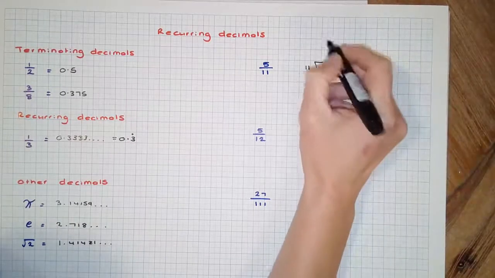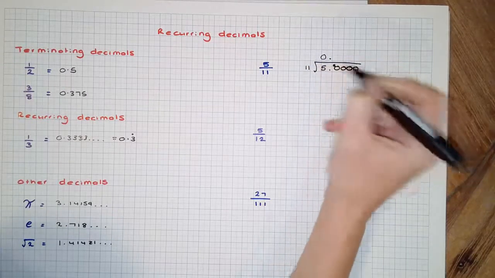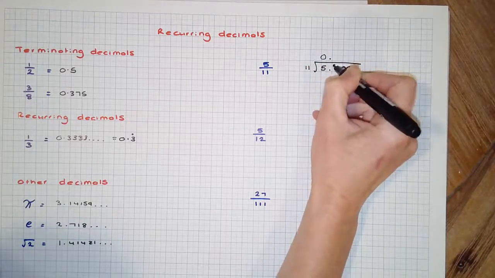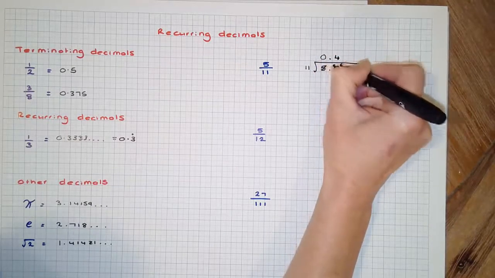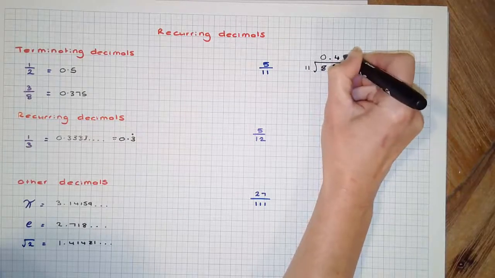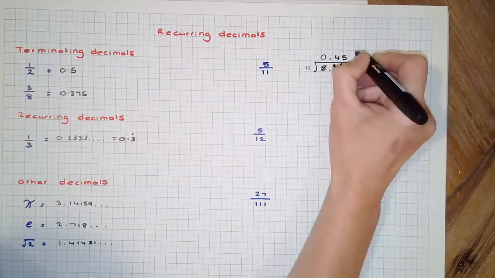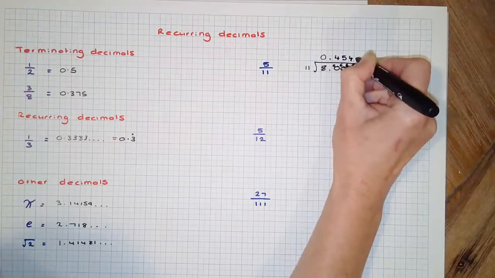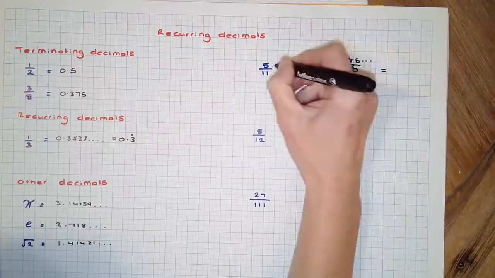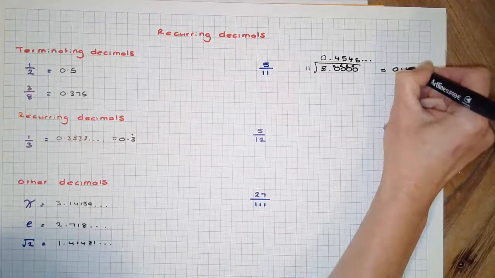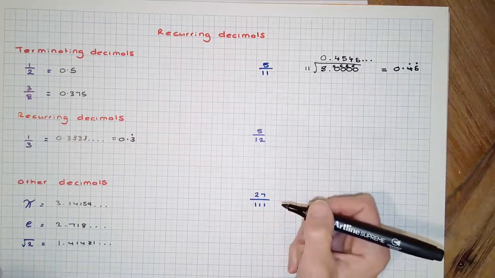So 11 cannot go into 5, so I'll put 0, carry up the decimal point and carry over the 5. 11 into 50 is 4 times, which is 44, with 6 remainder. 11 into 60 is 5 times, 55, with 5 remainder, and you can see that we'd be in a pattern here of 0.4545, etc. So we write that 5/11ths is 0.45, placing a dot above the first and last recurring digit.